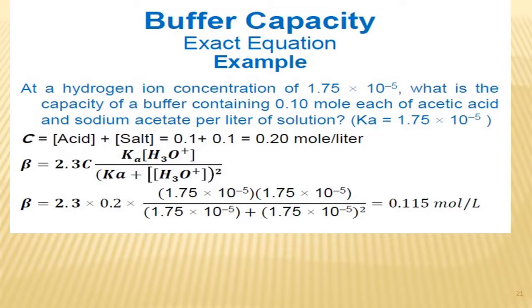The hydrogen ion concentration is 1.57, containing 0.1 mole of each of acetic acid and sodium acetate, so C will be 0.2. We put it here in the equation, 2.3 multiplied by 0.2, and you have these known values for Ka and the hydronium ion. Arrange, multiply, and add, and you will get a buffer capacity equal to 0.115 mole per liter. You can practice with this example as with the previous equation and example, and you see it's very easy.